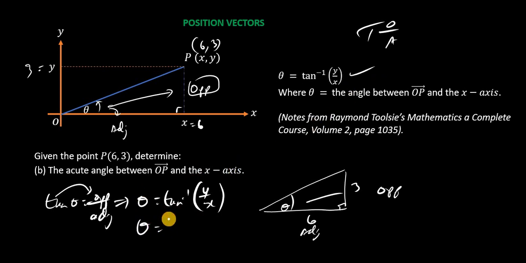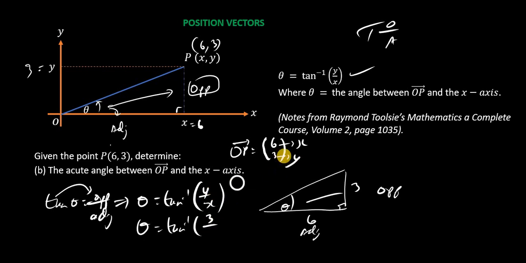So we plug into the formula tan inverse of the y component over the x component. We look at it again: vector OP equals 6, 3. 6 is the x component, 3 is the y component. So the y component goes on top.